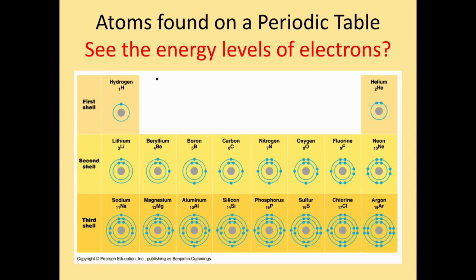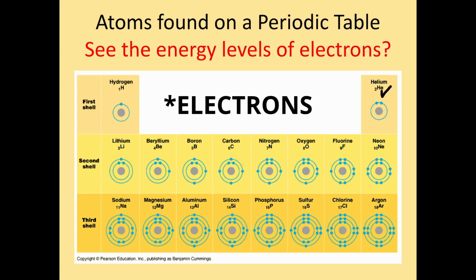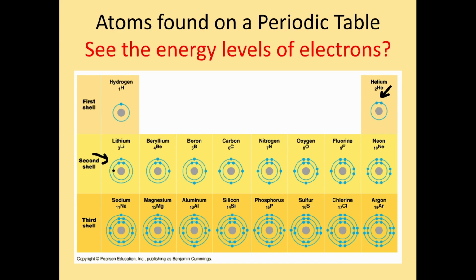And so here we have a tiny bit of the periodic table, and you can see this is kind of how the electrons are laid out. In the circle closest to the nucleus of the atom, we have 1 and 2 electrons, and that's the most it will hold. And then if we jump down here to lithium, well, it has 2 in the innermost circle, but then it's got a third electron out here.